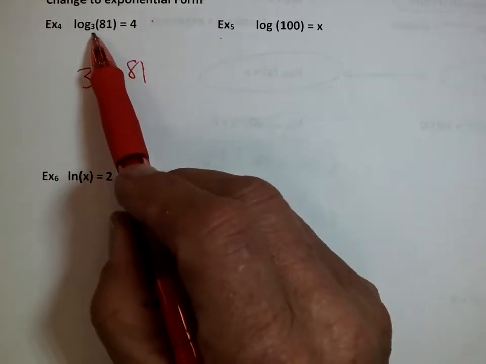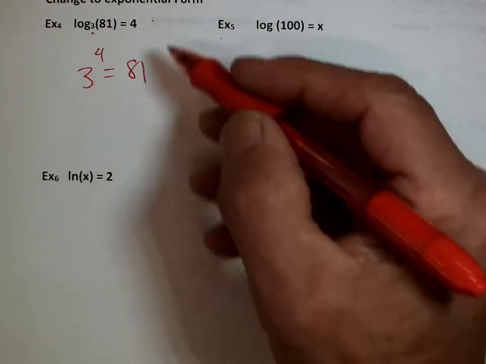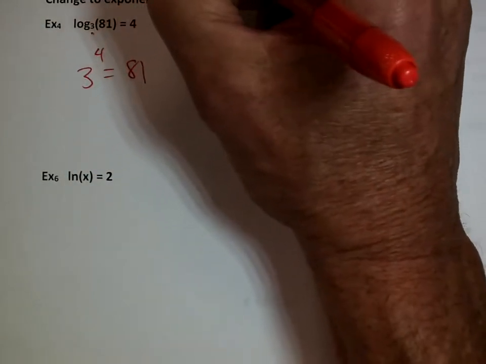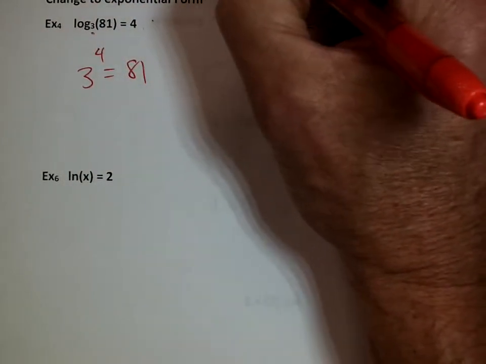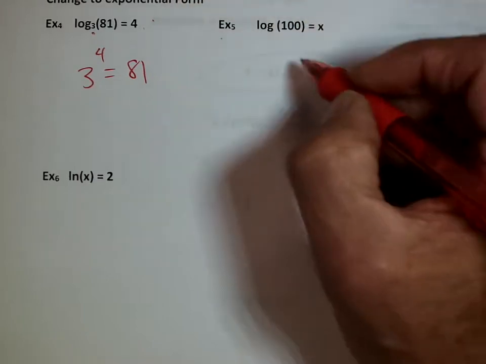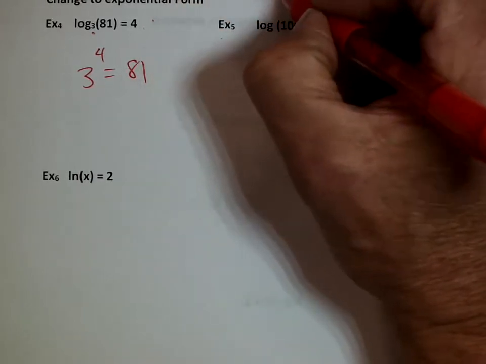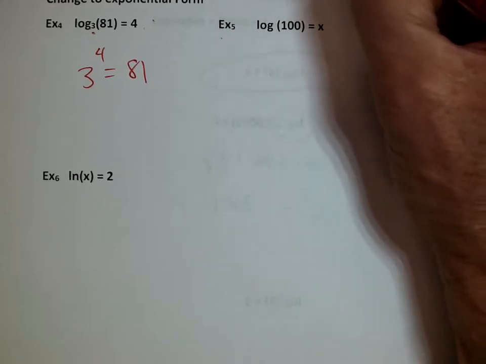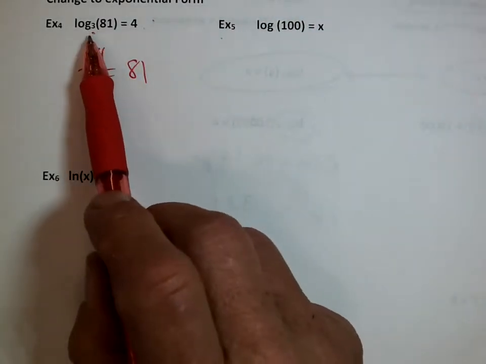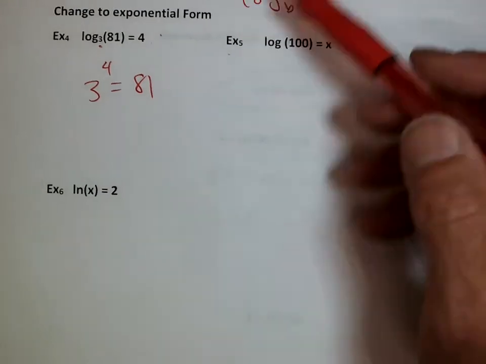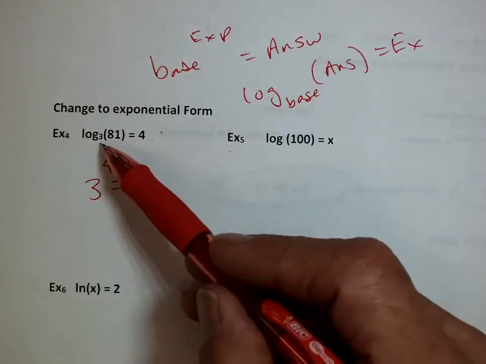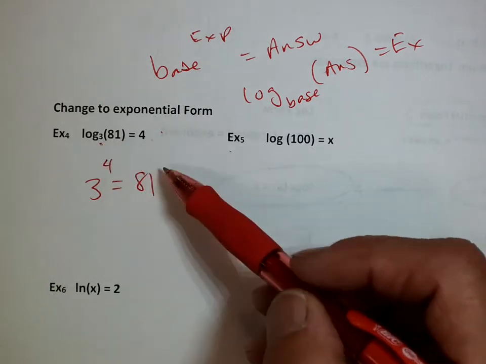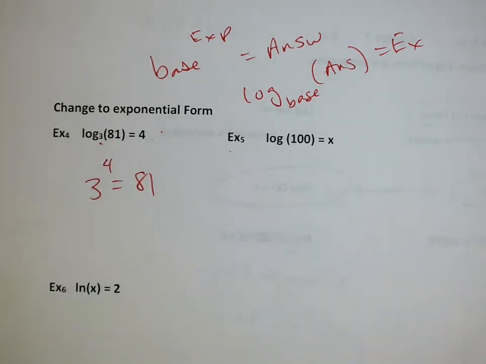That's my base to my exponent equals my answer, or it's the log of the base of my answer equals my exponent. So I rewrote this as 3 to the 4th power equals 81. That's all I did.